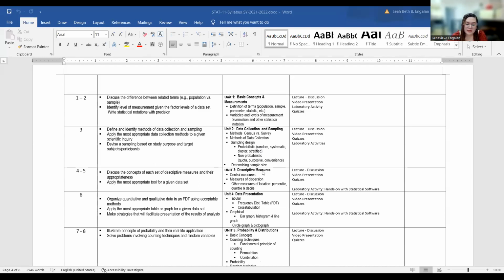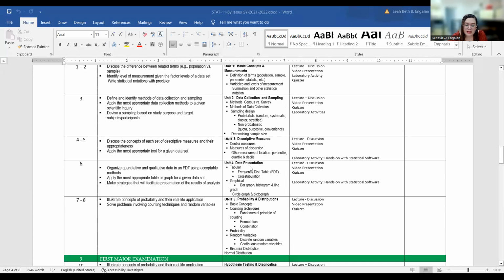Okay, then we have descriptive measures. We have the central measures, the measures of dispersion, and other measures of location. We have the percentile, the quartile, and decile. We also have the data presentation, kining mga tabular, graphical.